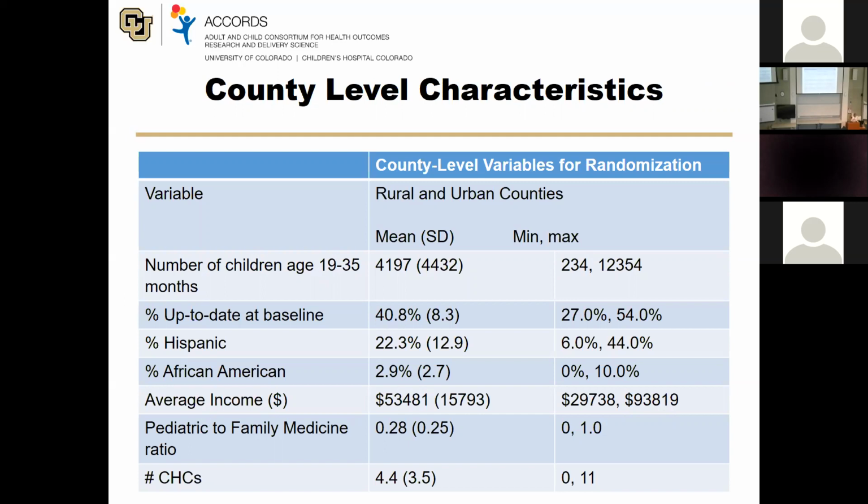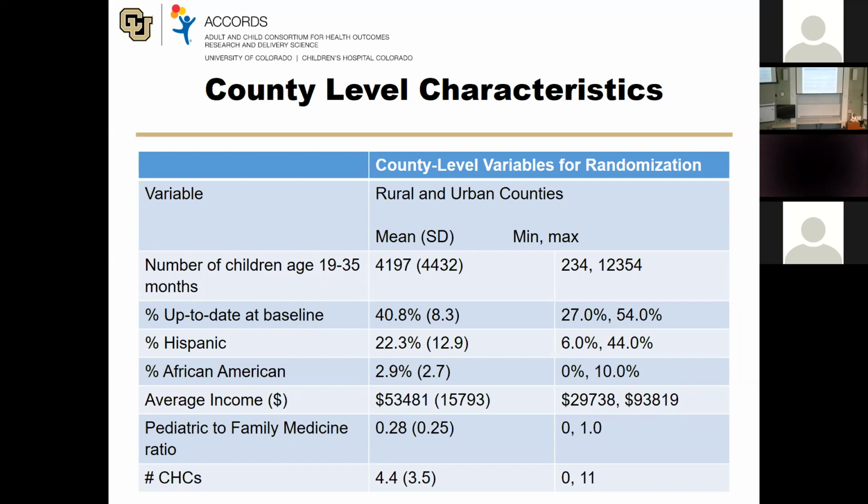And what you can see is there's considerable heterogeneity in terms of number of children. Look at the range from 234 to over 12,000. Up-to-date rates at baseline, there are large differences, 27% to 54%.